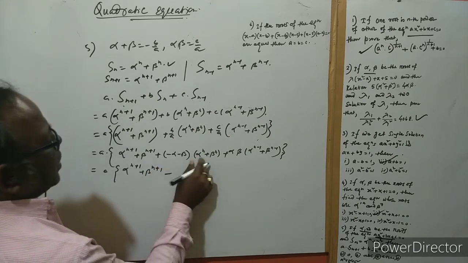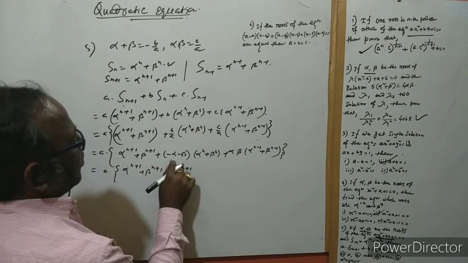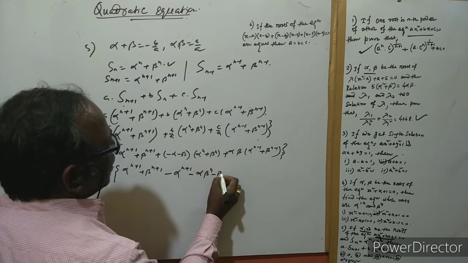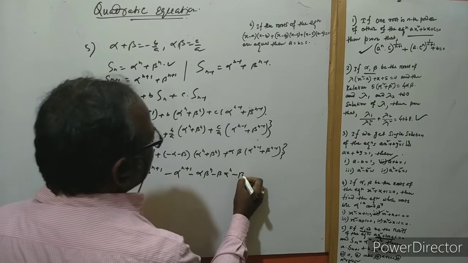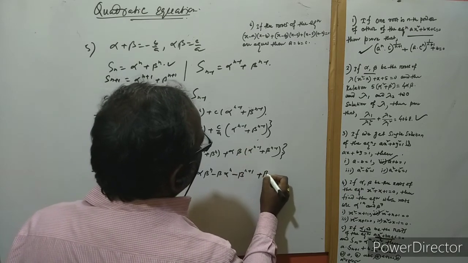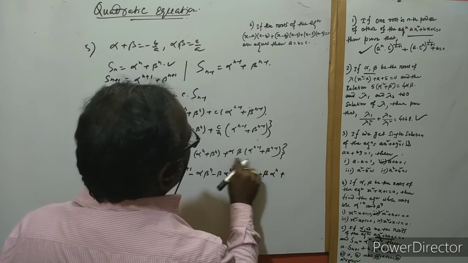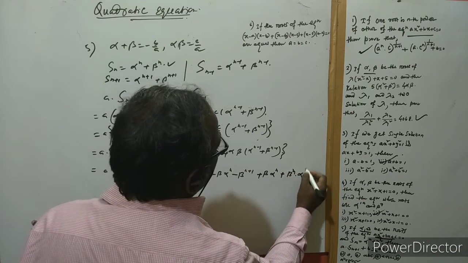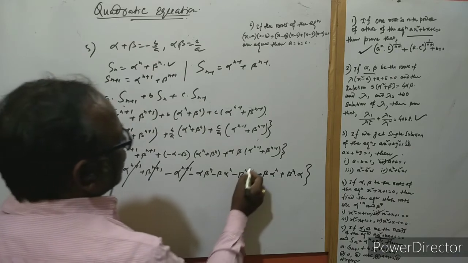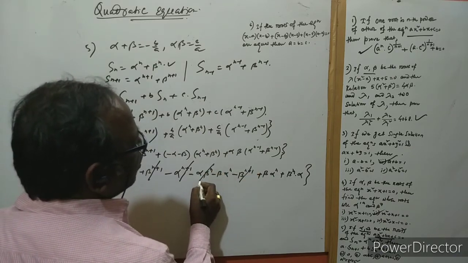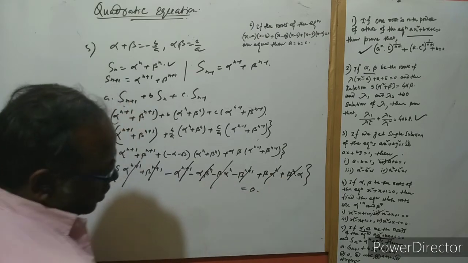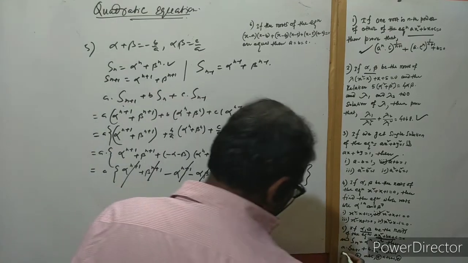Multiply by this, so you get alpha to the power n+1 minus alpha into beta to the power n, minus beta into alpha to the power n, minus beta to the power n+1. Multiply this, beta into alpha to the power n, multiply this, beta to the power n into alpha. See, these cancel, alpha into beta to the power n cancels, and this is 0. So the answer is option C here.